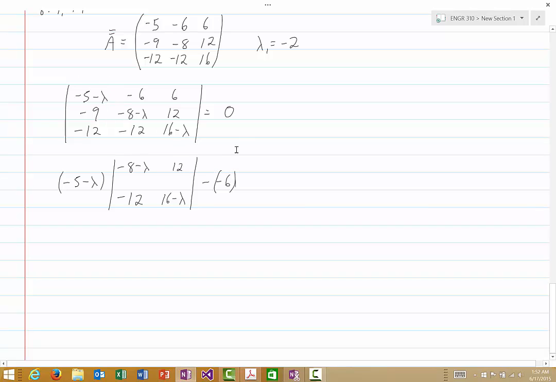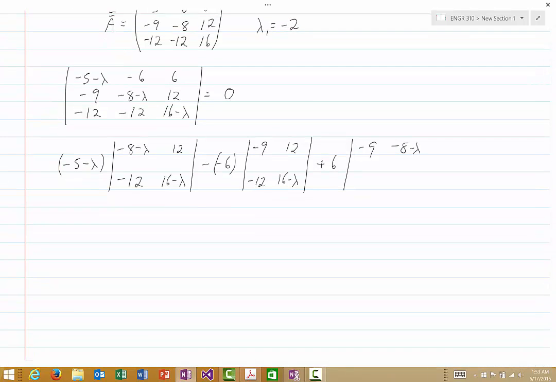So we have a minus of a -6, times the determinant of -9, 12, -12, 16 minus lambda. And then finally we will have +6 times the determinant of -9, -8 minus lambda, -12, -12. And that will be equal to 0.